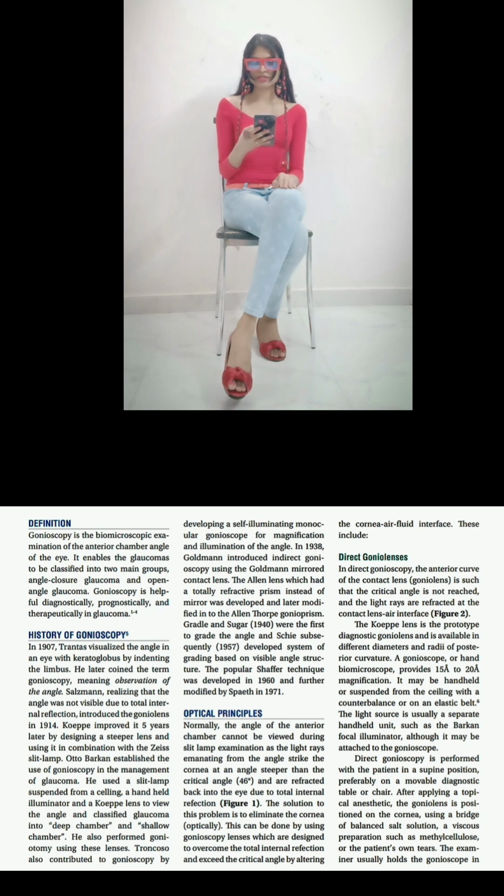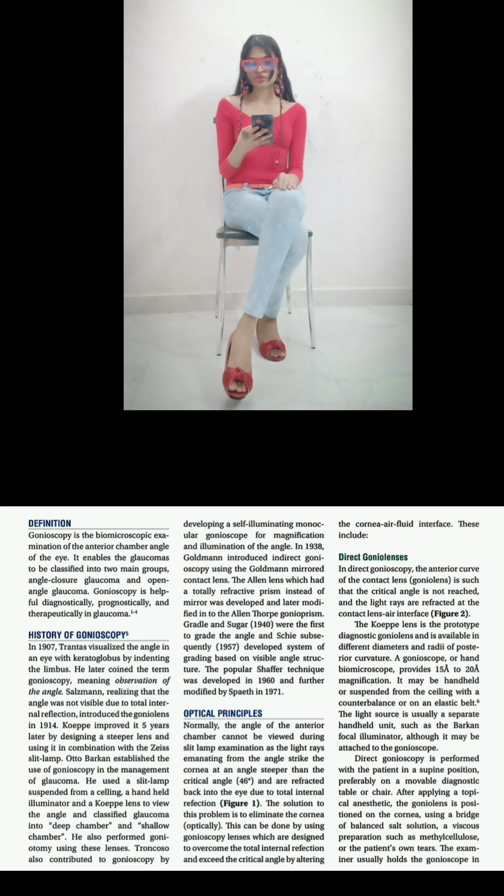Optical principles. Normally, the angle of the anterior chamber cannot be viewed during slit lamp examination, as the light rays emanating from the angle strike the cornea at an angle steeper than the critical angle. The critical angle for the cornea-air interface is 46 degrees, and the rays are reflected back into the eye due to total internal reflection.